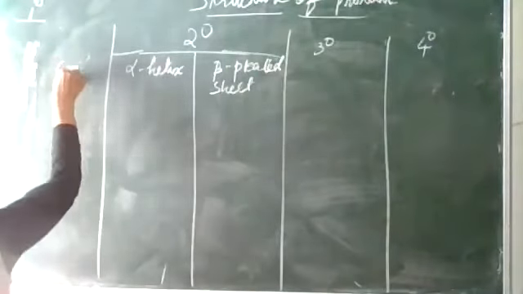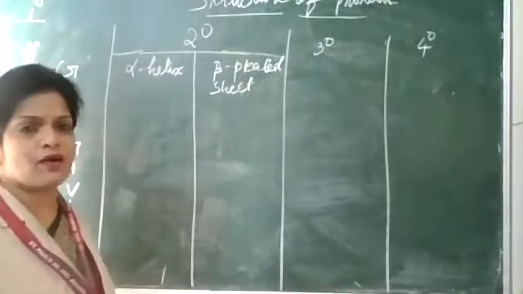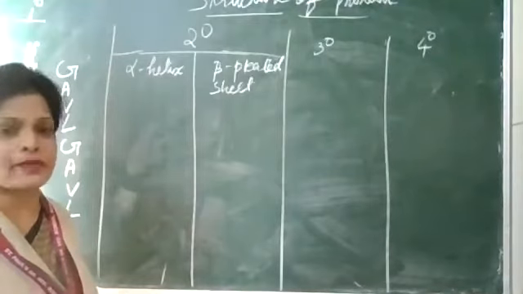I'll write that: glycine, alanine, valine, leucine, like that. A specific sequence of amino acids is the primary structure.